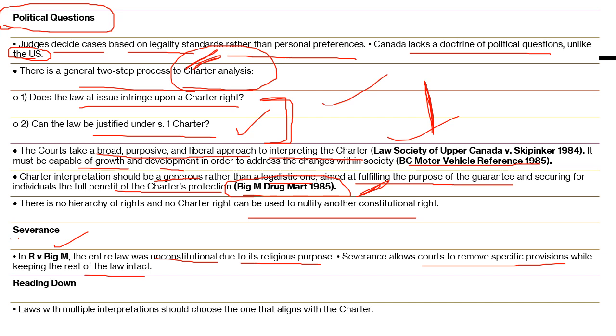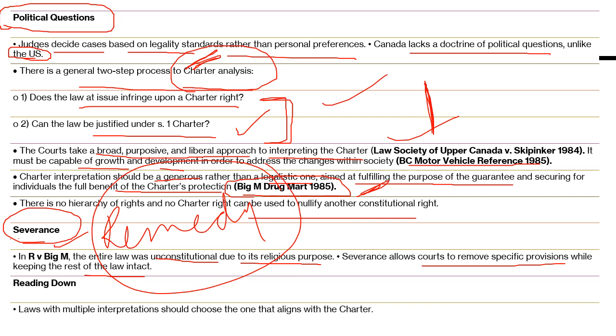But in this case, severance was not helpful as the entire law was unconstitutional. Severance means you cut out the part of a particular legislation that is unconstitutional and you keep on giving validity to the part that is constitutional.